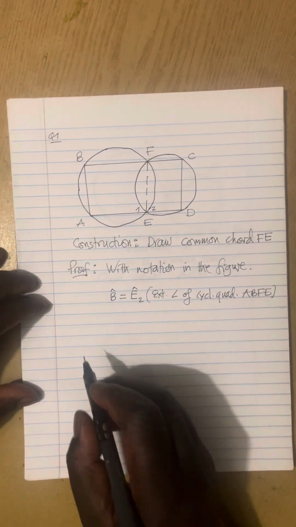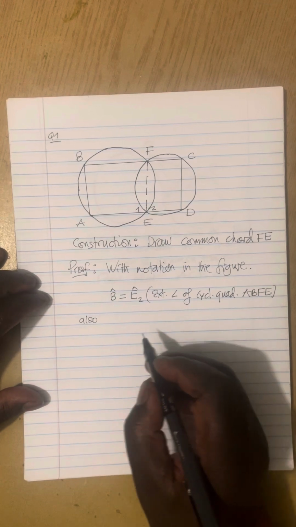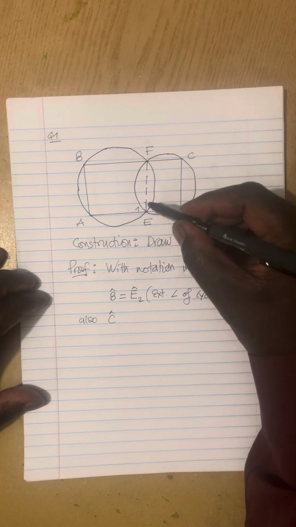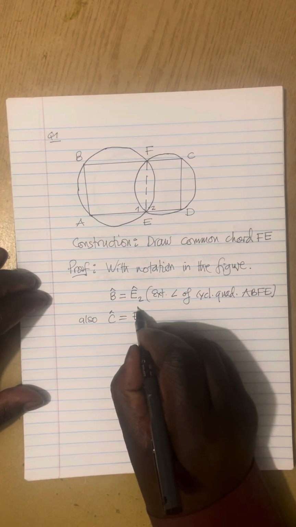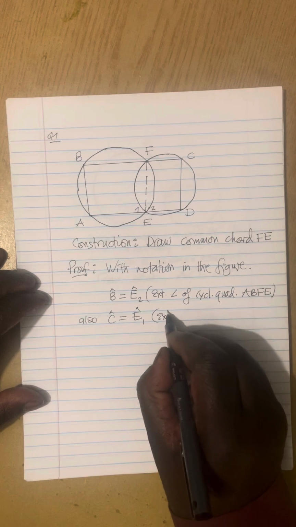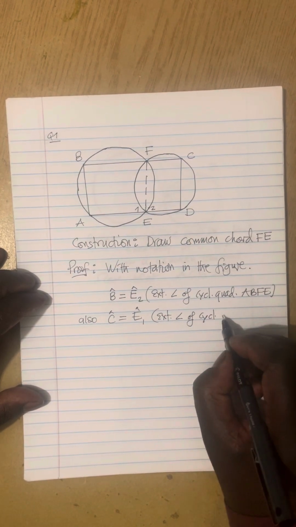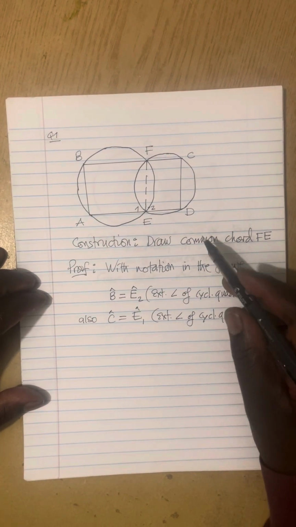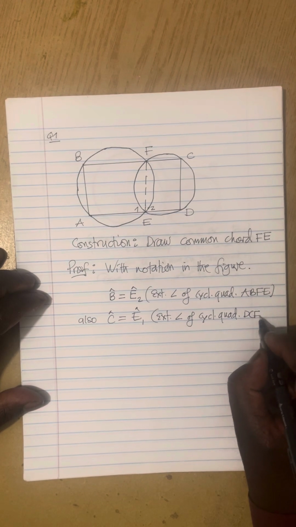We can say also, what? Also angle C up there is equal to angle E1, because angle E1 is an exterior angle of cyclic quad. The cyclic quad we're interested in now is DCFE.